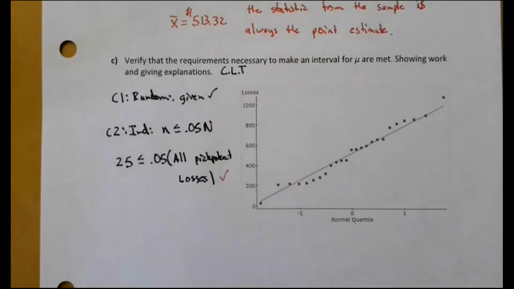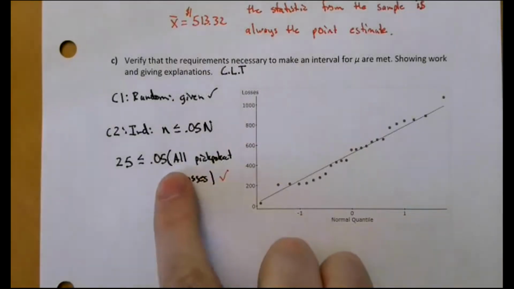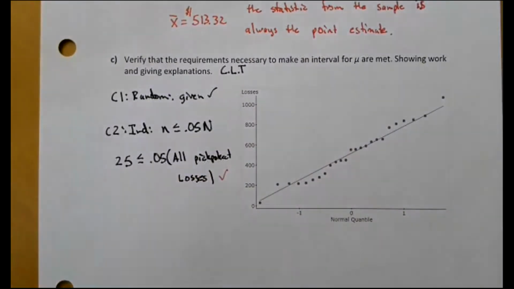What do we need to get to? 1,000? Yeah, if we had 1,000 losses, then this would be fine. And I'm sure 1,000 people got robbed back in whatever this year was that they did this. So we'll just assume that's true.